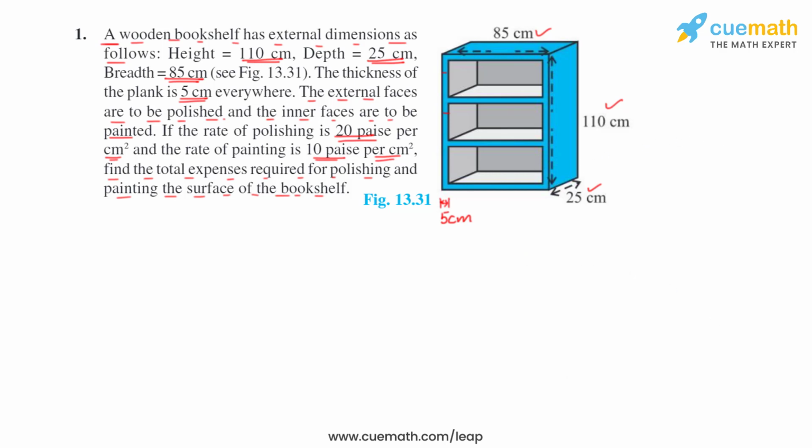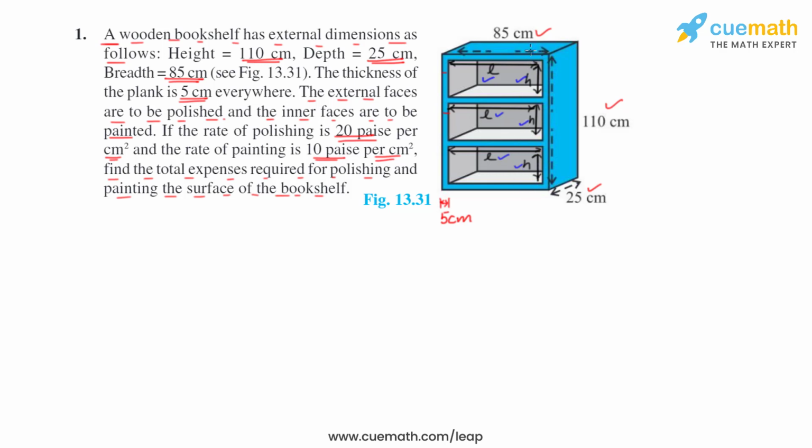So let the inner length and height of the bookshelf, the inner shelves where the things need to be put, be L and H, as you can see in the figure. Let's say they are L and H, the length and height. It means, if you see carefully, 3 times the height, and 1, 2, 3, 4 times the thickness of plank, that is 5 centimeters.